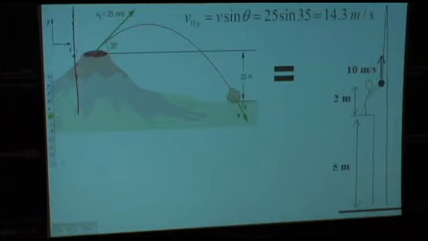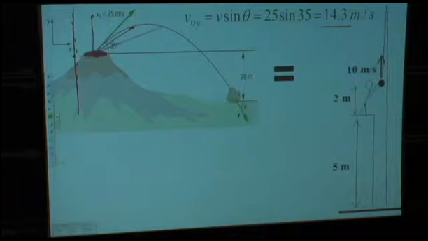Yeah? The shadow moves up and down exactly like an actual ball if that ball would have been tossed up with this initial velocity.